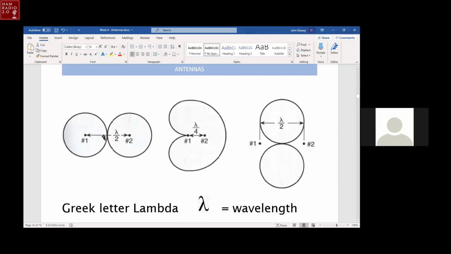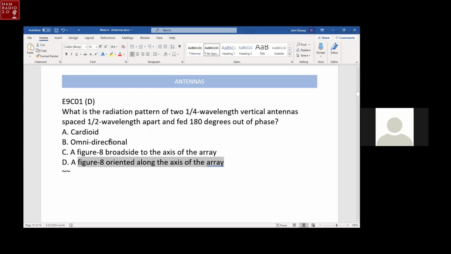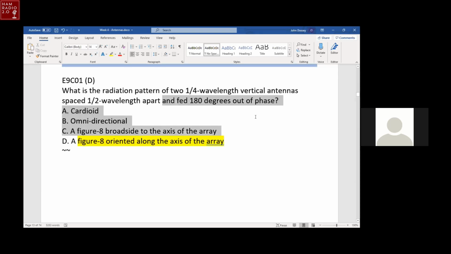This forms a 2-element array. So the answer to this is the figure 8 oriented along the axis of the array. This is for fed 180 degrees out of phase. No, it's not cardioid. That's not the right answer.